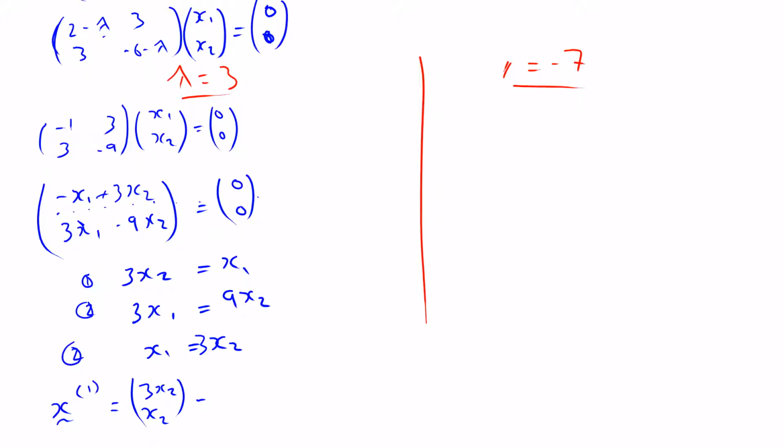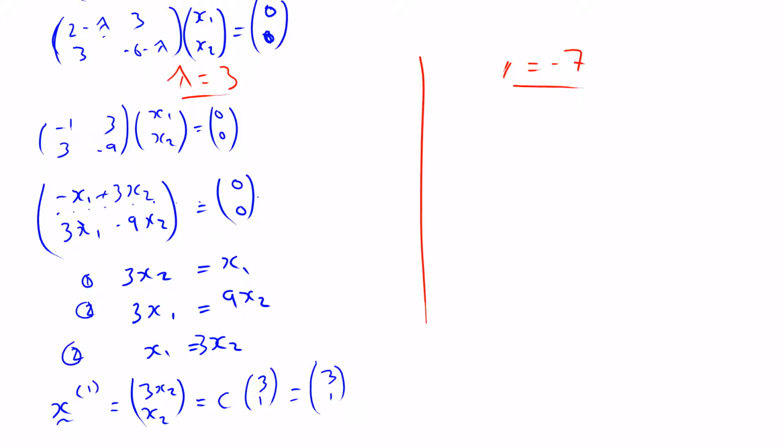We can also write the same set as a constant times 3, 1. So that is the same set of vectors, and because we just want to find one eigenvector, we can select any constant c, and for simplicity we're going to let it equal 1. So our eigenvector for the eigenvalue lambda equals 3 is 3, 1.